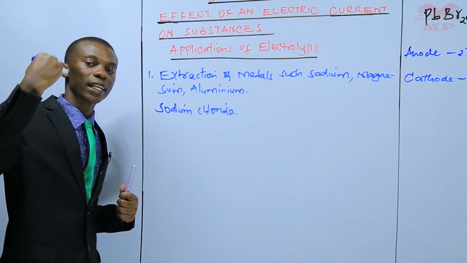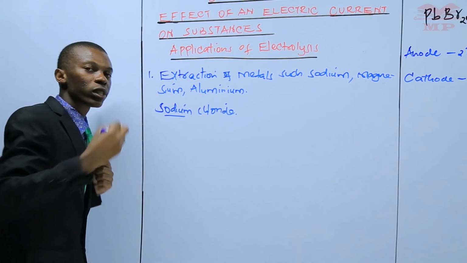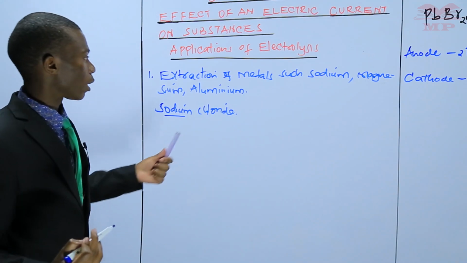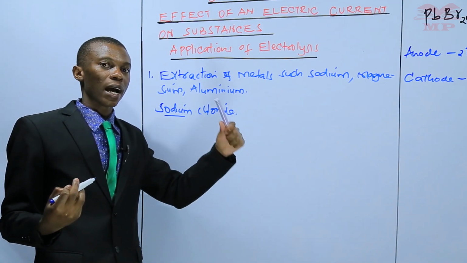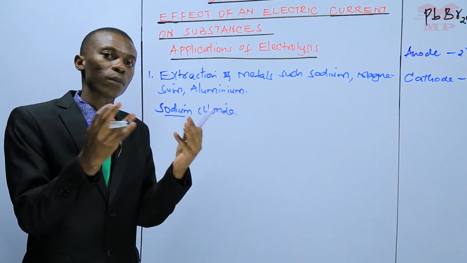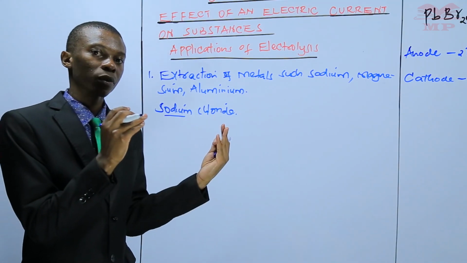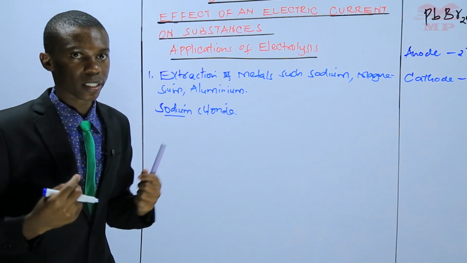You need to conduct electrolysis so that this sodium will be deposited at the cathode, while the chlorine or the chloride ions will be deposited at the anode in form of chlorine gas. That is how you are able to isolate, or separate, sodium and chlorine from sodium chloride.